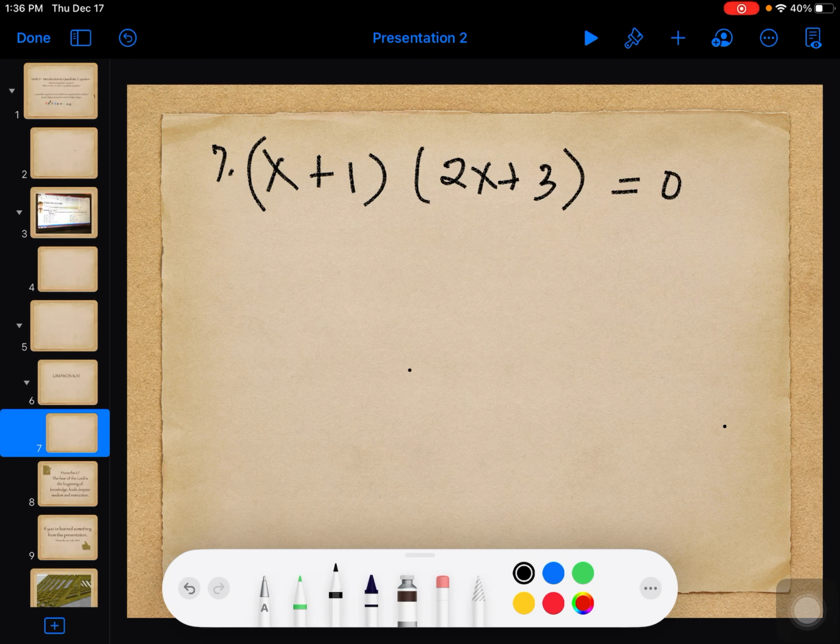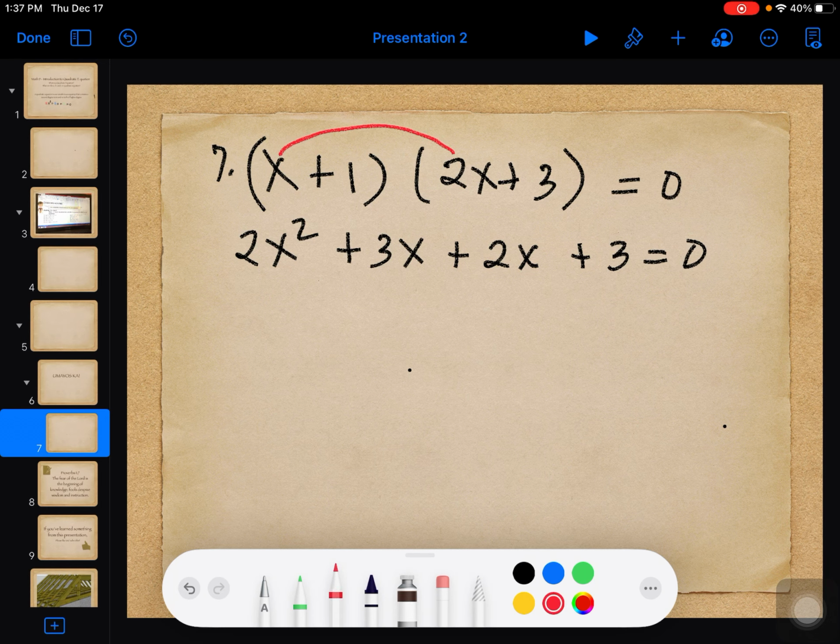Sure, you know from our previous discussion that that is a quadratic equation. By following and simplifying using the FOIL method, first terms 2x squared, outer terms plus 3x, inner terms plus 2x, then last terms we have 3. Right? Have you forgotten your FOIL method?